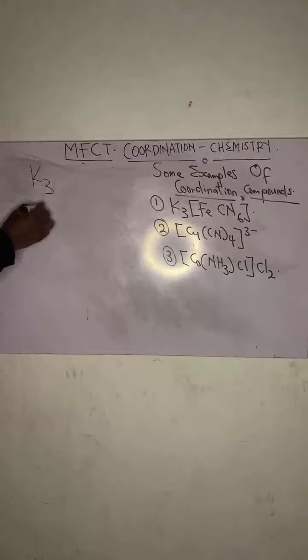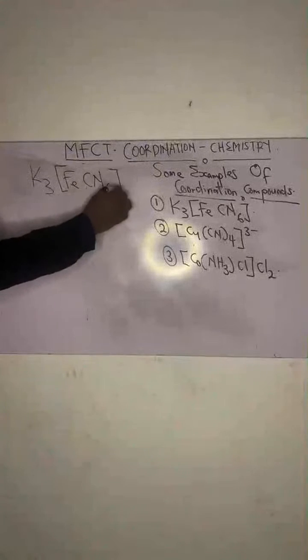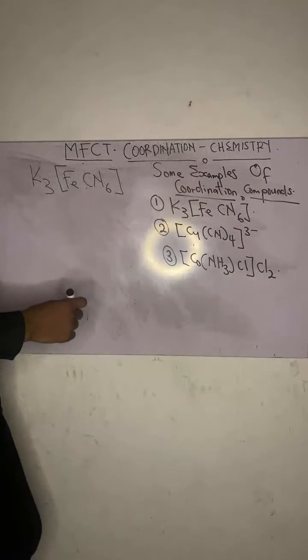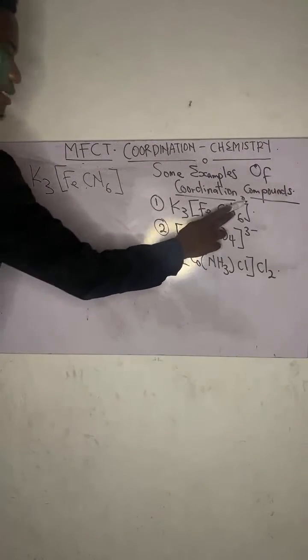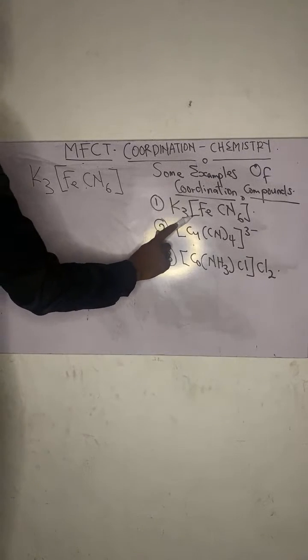Now guys, taking K3[Fe(CN)6] as an example, the first thing you have to notice is that 95% of coordination compounds always possess these square brackets.